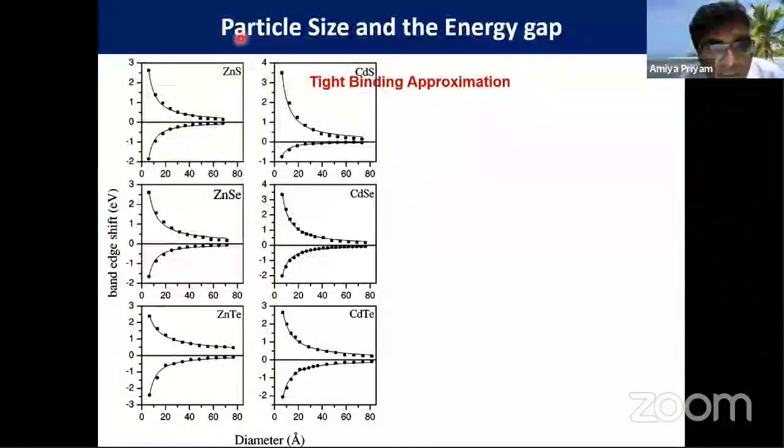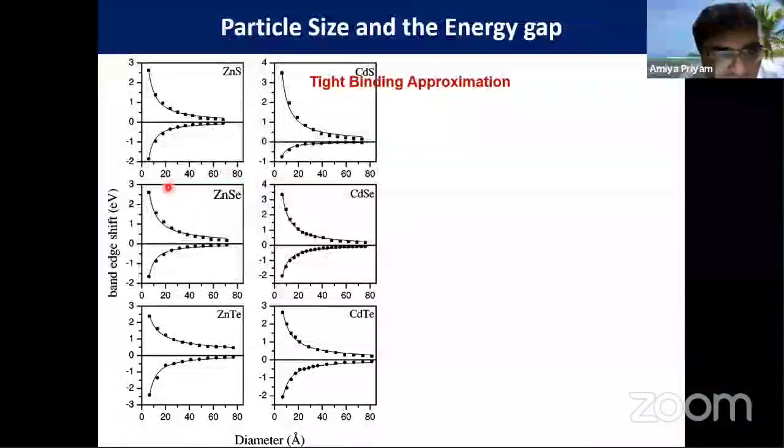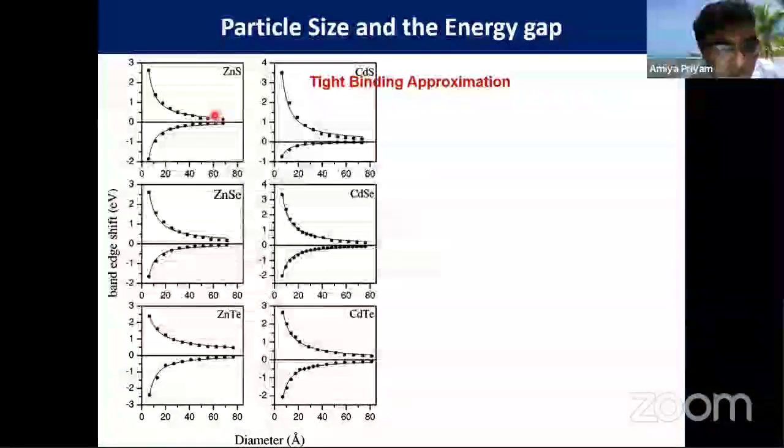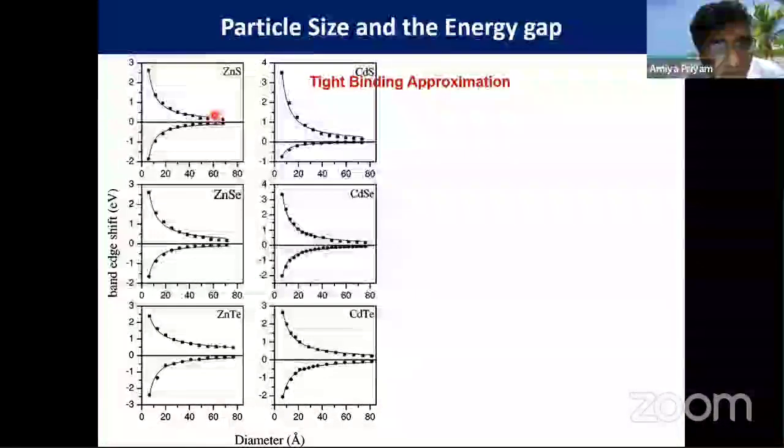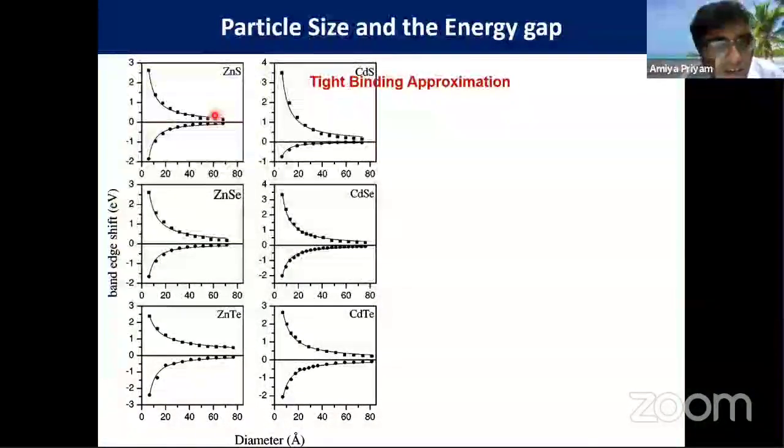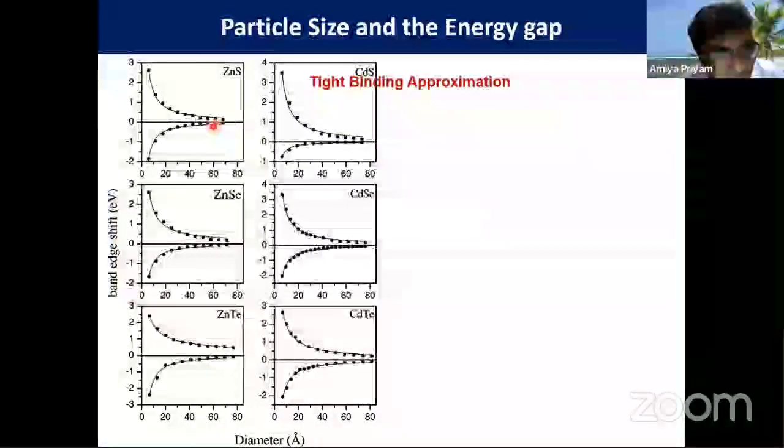For example, ZnS is shown here for 80 angstrom, 60 angstrom. As the size decreases, the conduction band edge, meaning the bottom of the conduction band, goes up like this, and the top of the valence band, the valence band edge, moves down. So if you calculate the difference, the energy gap will go on increasing.